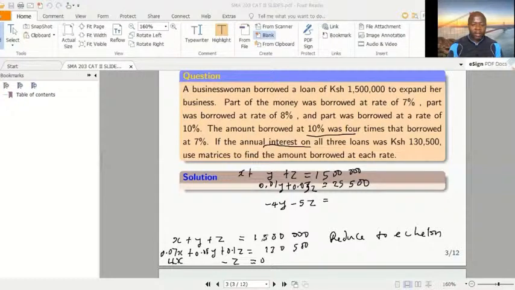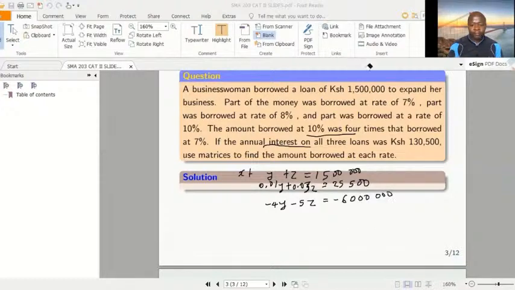Now, let me create some space here so that we finish our working. What I now want is to use this to create a 0 here. In fact, you may begin by making this one 1, and the way to make it 1 is to multiply it by 100.